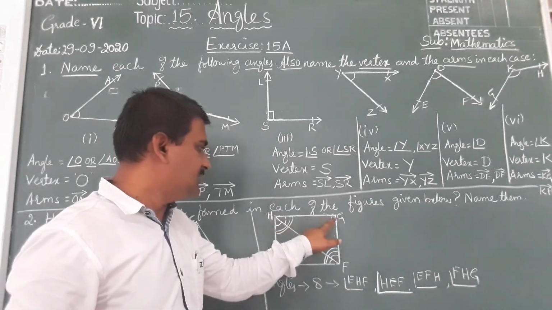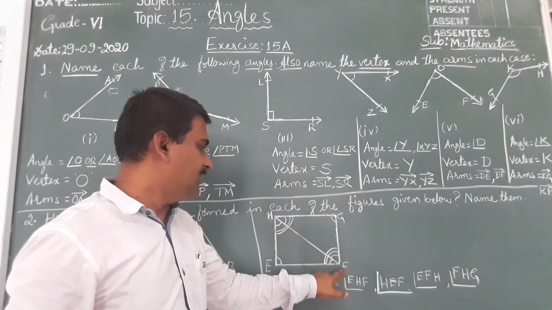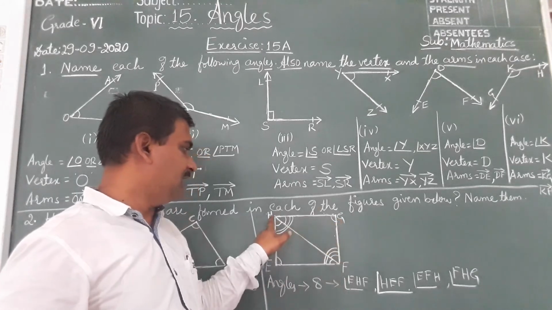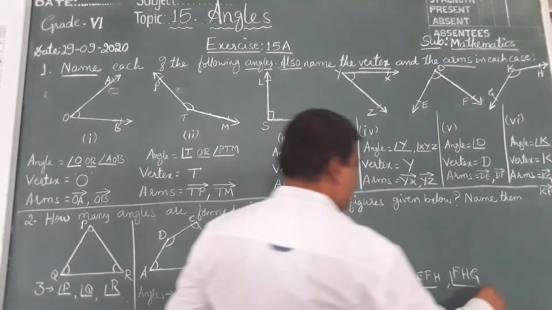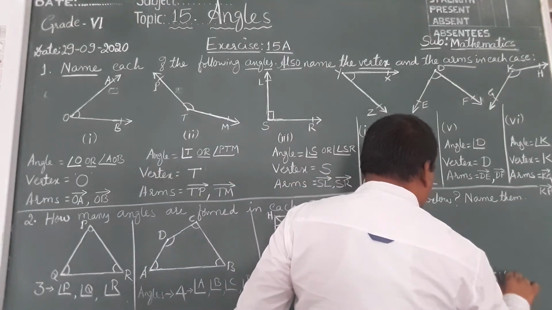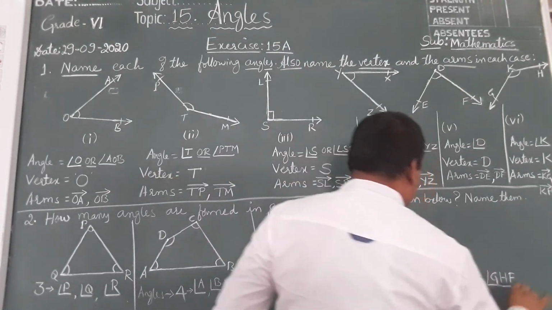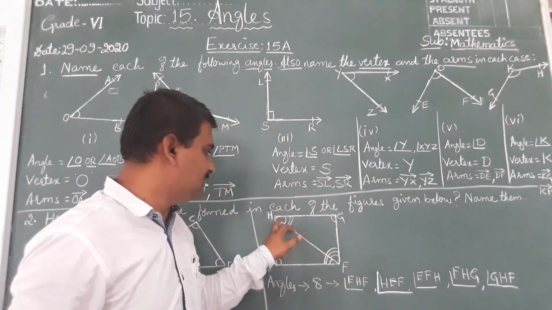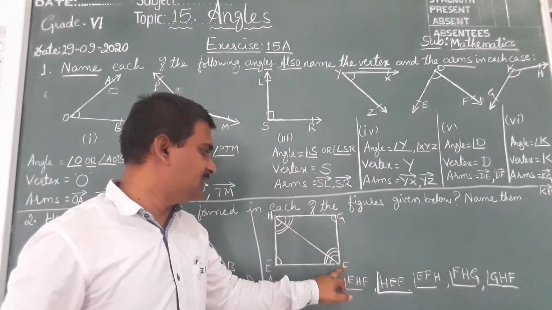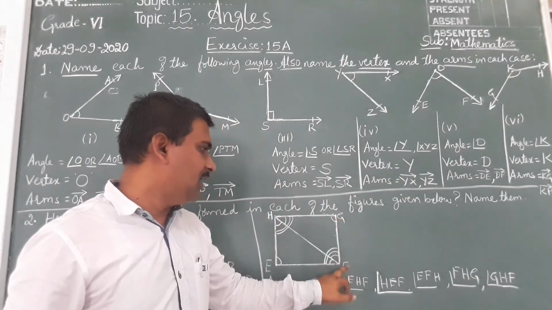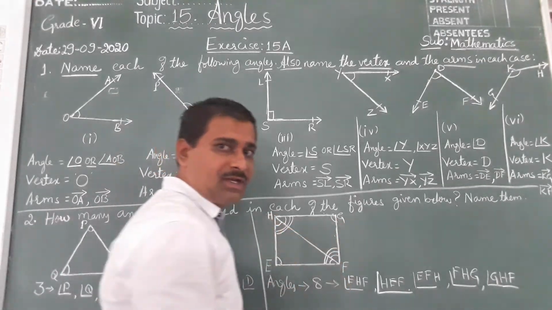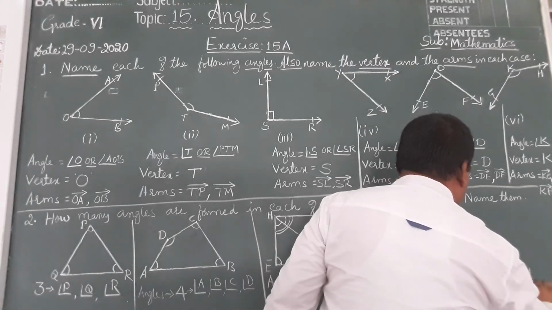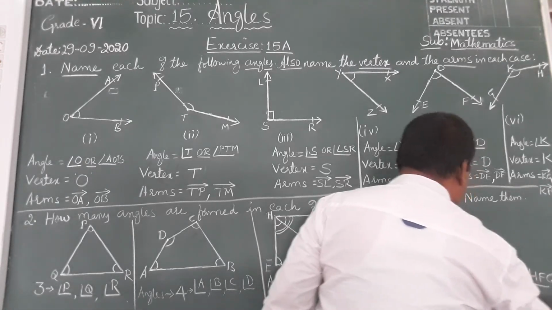Next, this angle we'll write now: FGH, or you can write GHF. In this triangle, this angle is written, this angle. Only this is left now: GFH or HFG. You can write anything. HFG.